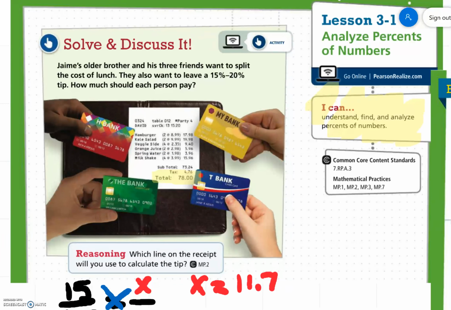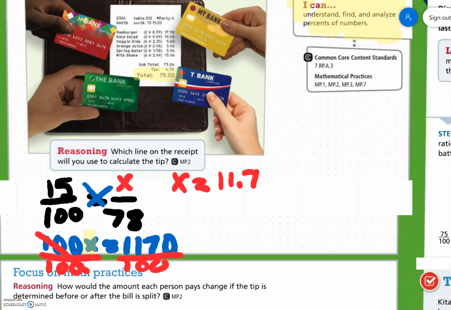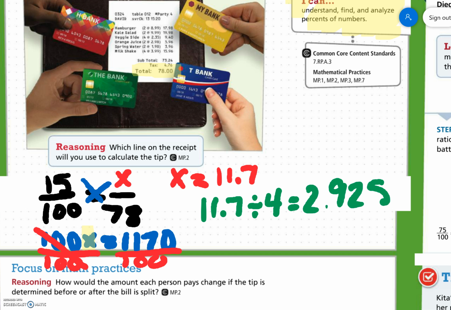But how many people are there? There are 4 people. How much should each person pay? We're going to take that 11.7 and divide by 4. That gives me 2.925. That's not a correct dollar amount though, so we're going to round that to 2.93.